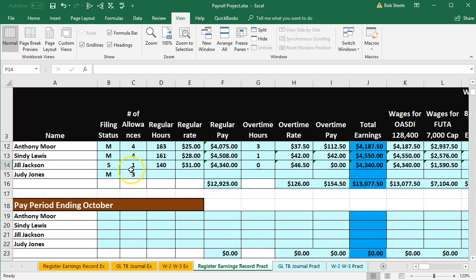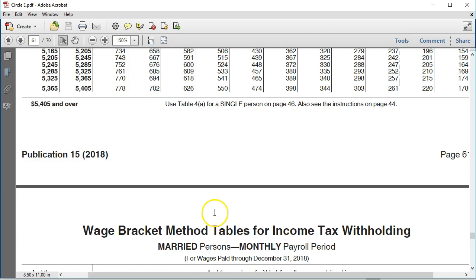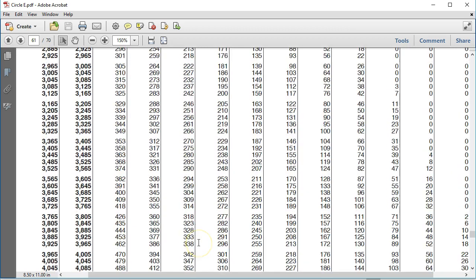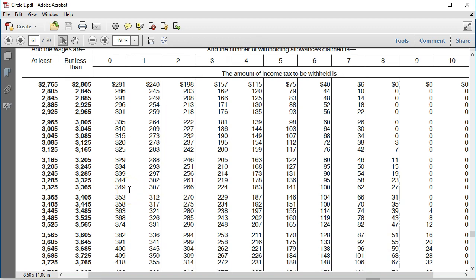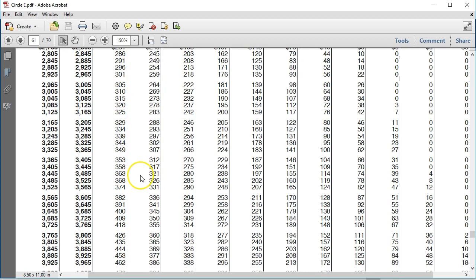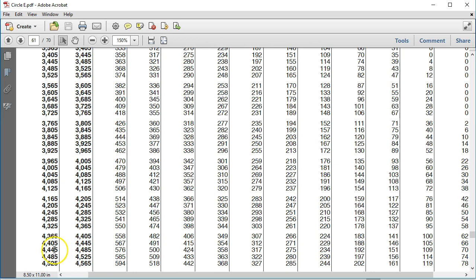Then the FIT, we're going to use our tables again. It's going to be single, 1, and 4,340. So going back to our tables, we got to scroll up to the single table. This is a single table monthly, and we're looking for 4,340, and the one column is here, because that first column is a 0 column.